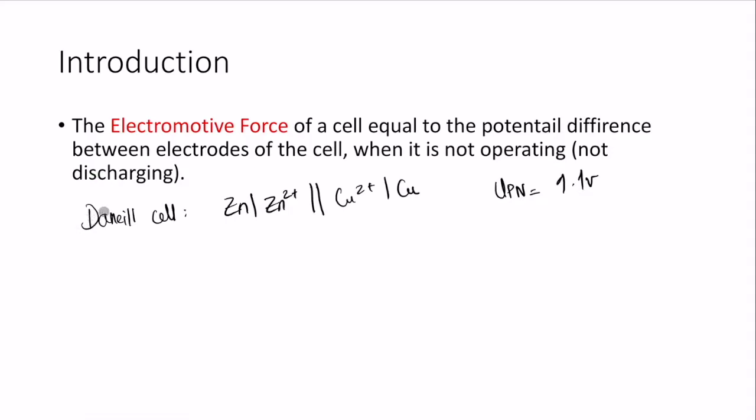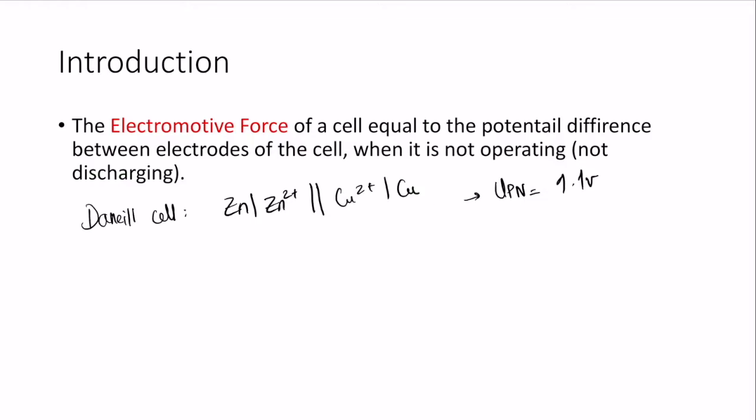And we talked about that, in the galvanic cell the current was too low, so we used a milliammeter to measure the current, and the voltage, the potential difference, is UPN. You know that the voltage is equal to the potential difference.